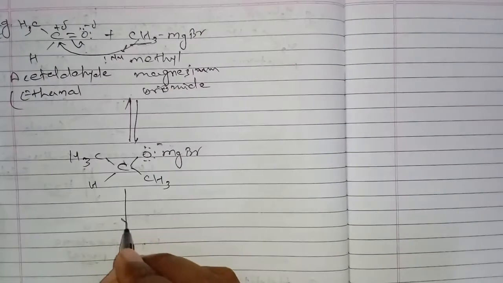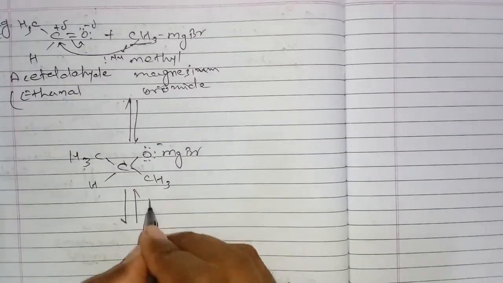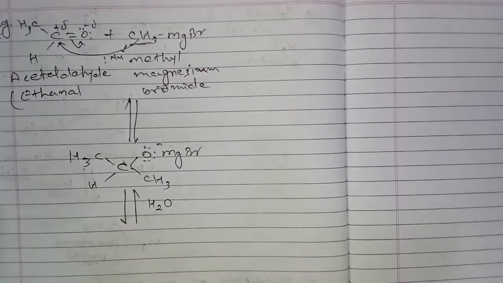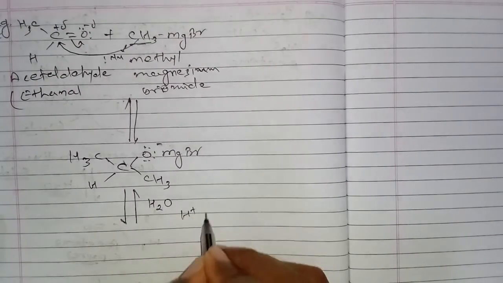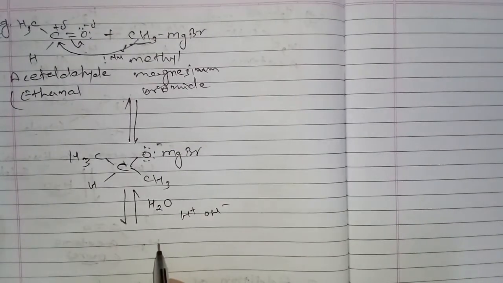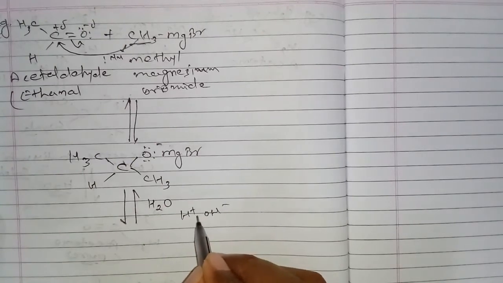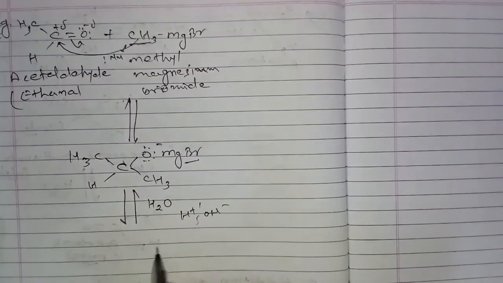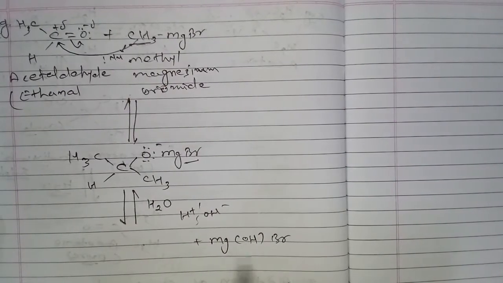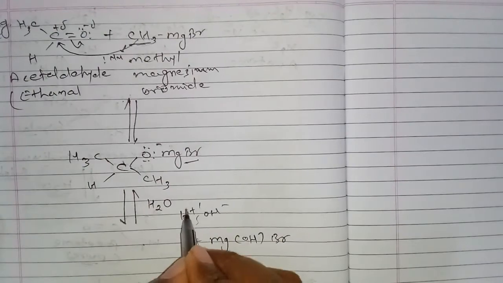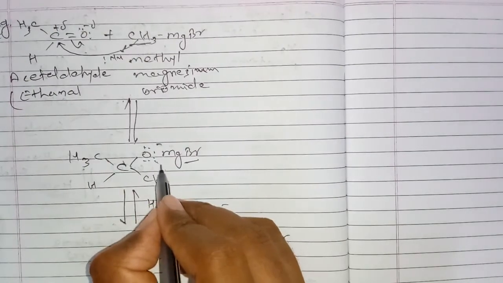which is further hydrolyzed with water molecule. This OH will be attached with the MgBr, forming MgOH Br, and the H plus will attach with the oxygen.